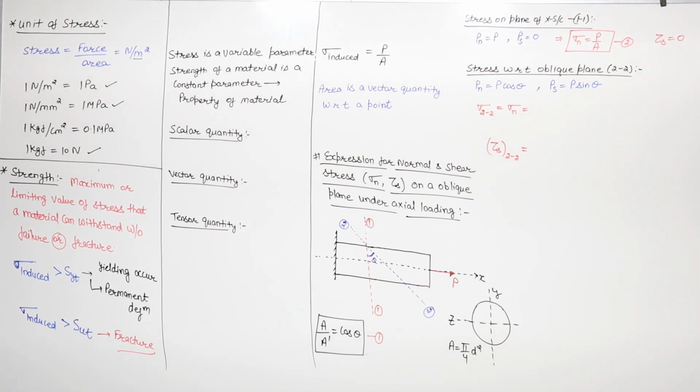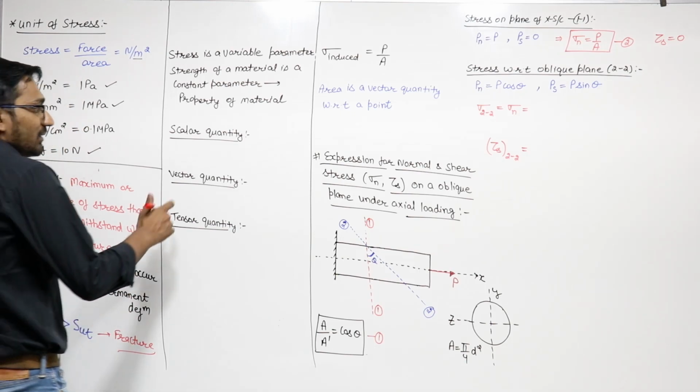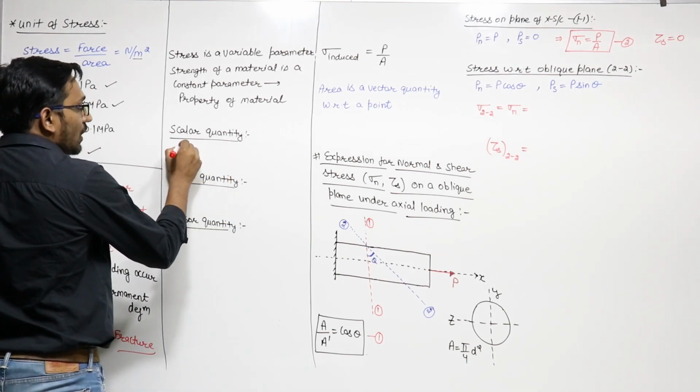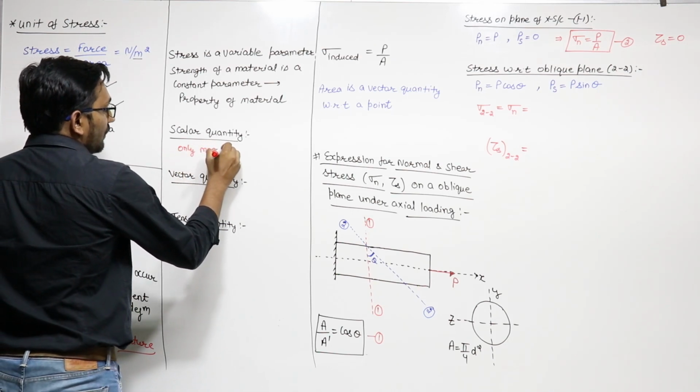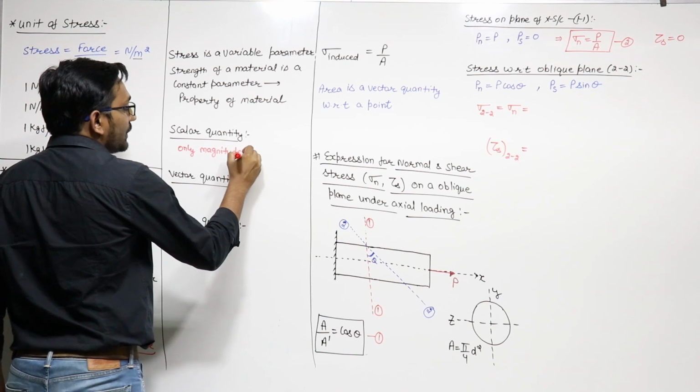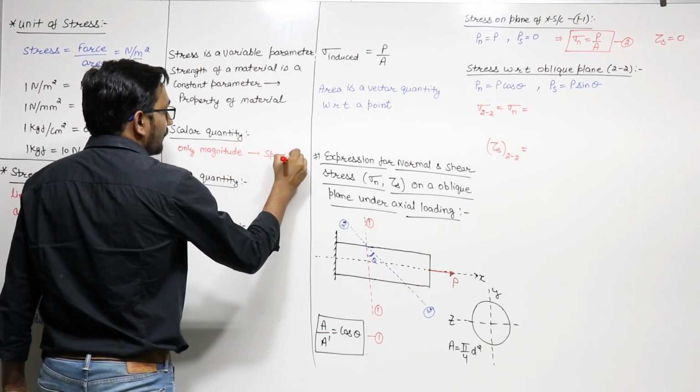We also say that stress is a tensor quantity. Let us see what we mean by tensor quantity. There are three kinds of quantities in physics. Scalar quantities are those which have only magnitude, no direction, for example speed.